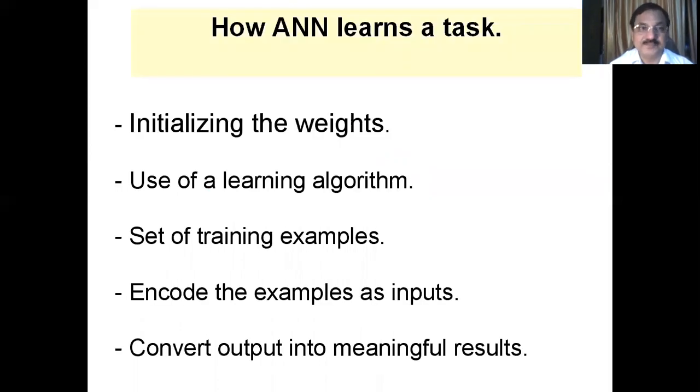So how does an ANN learn a task? Initialize the weight. Initializing the weight gives the strength of the linkage. It is very common to say that if you cannot remember any subject, diagram, or statement, then it is advised to write it 5 times.